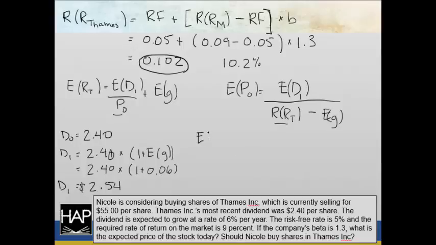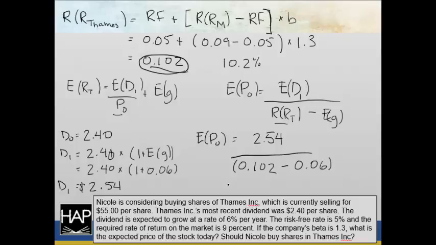I can then use this value to sub into my equation for the expected stock price. So the expected stock price of Thames Inc. will be $2.54, which is the expected dividend payment that we just calculated, over the required rate of return on the stock, which we calculated above here, and that's 10.2%, minus the expected growth rate, which is 6%, and was given in the question.